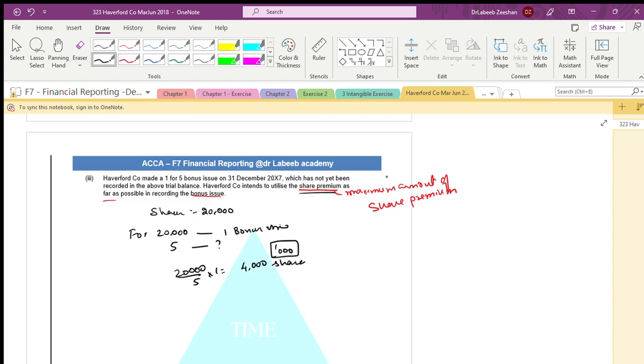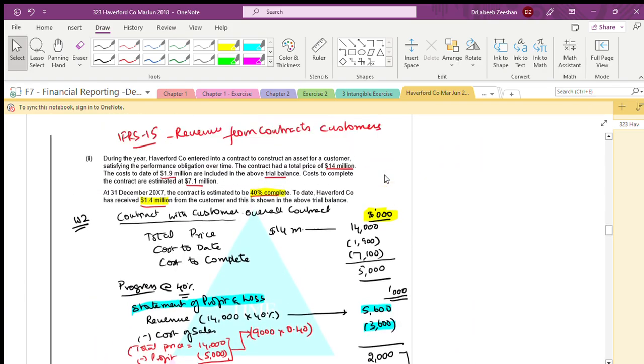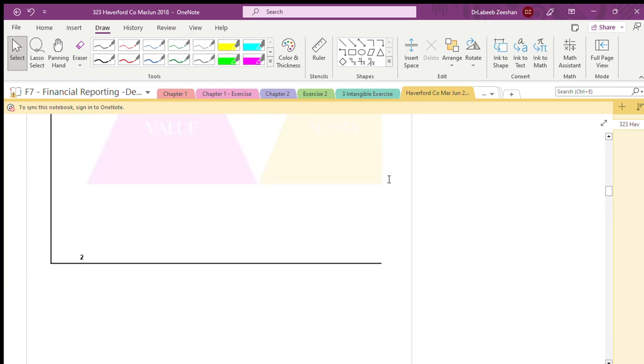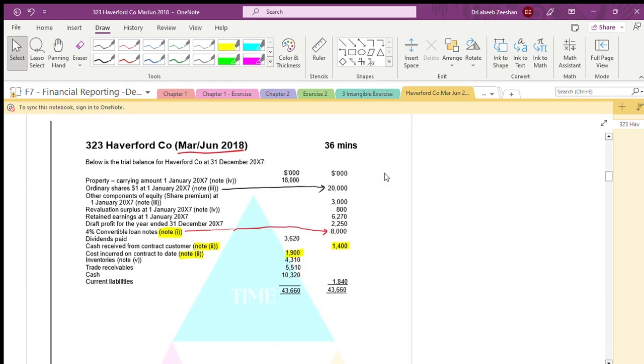Now they are saying that they will use the share premium to the fullest extent. How much is the share premium? They use 3,000. The rest they will use from the retained earnings.